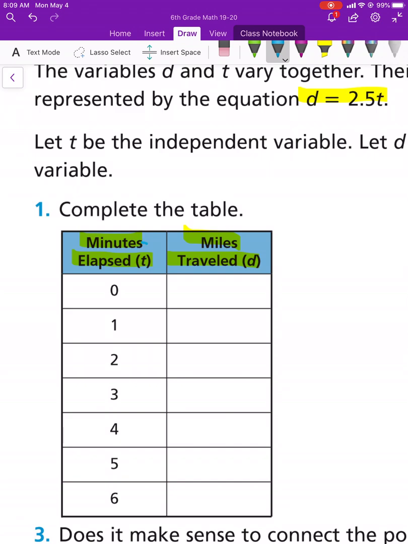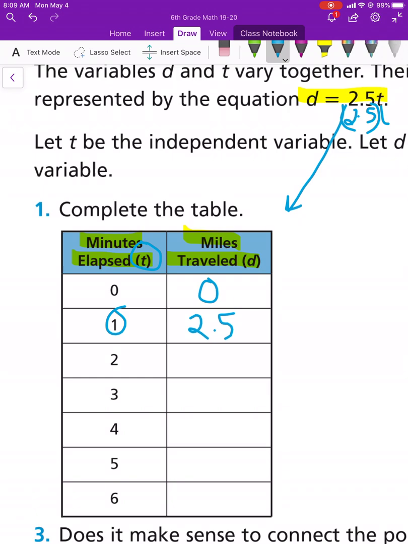So for 0 seconds that have passed, 0 miles were traveled. For 1, if I plug into this equation 1 for T, that would be 2.5 times 1, which is just 2.5, or 2.5 miles.